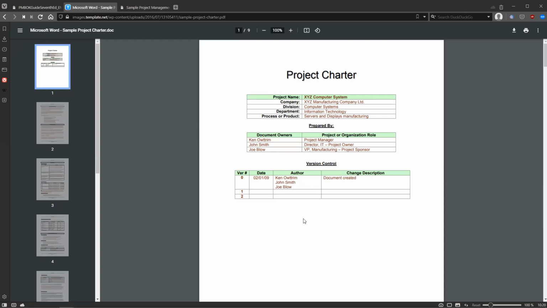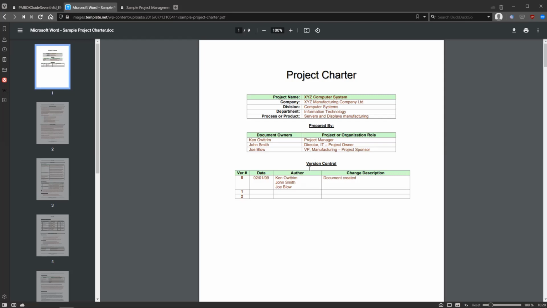The project team that's proposed for the future project, the owners of the particular document, in this case the project charter, and the details of the changes done to the project charter.